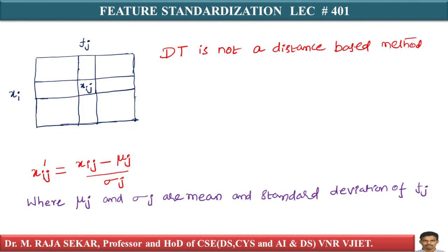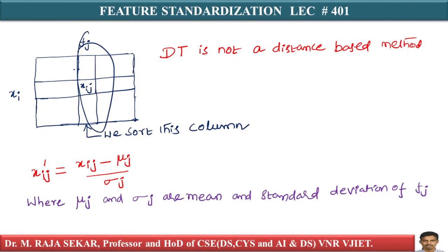On the other hand, all we care about, suppose I have a real valued feature, let's call that feature fj. Imagine this is my data set and this is my feature fj, and we are building a decision tree.